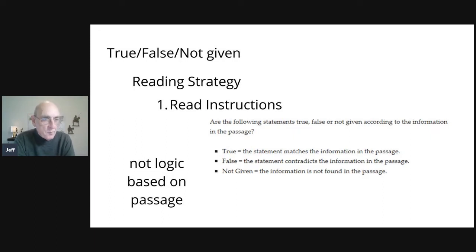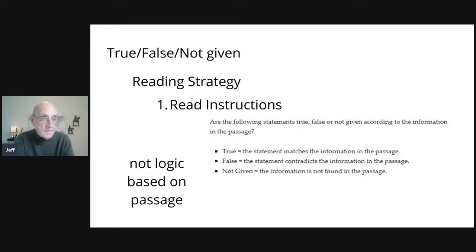Let me just explain what it means for something to be true, what it means for something to be false, and for something to be not given. If a statement is true, you have to find in the passage something that shows very clearly that it's true, that it confirms the statement. The information in the passage confirms the statement as true.